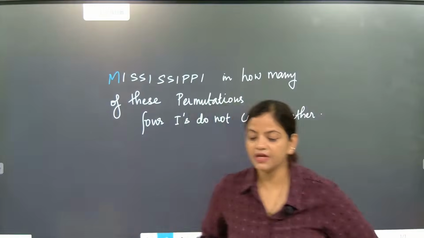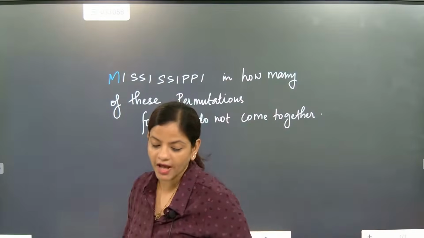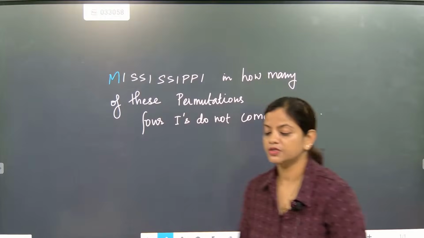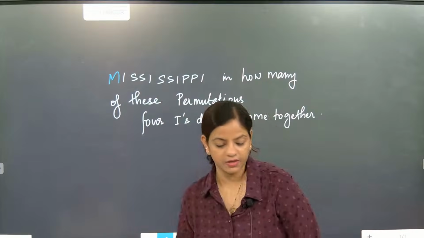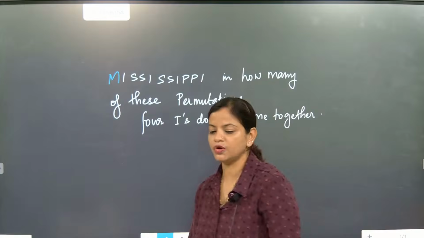So Mississippi, in how many of these permutations do four I's not come together? So here four I's are not coming together.